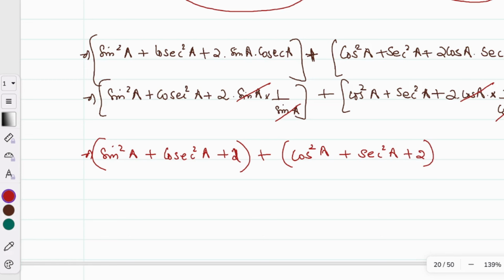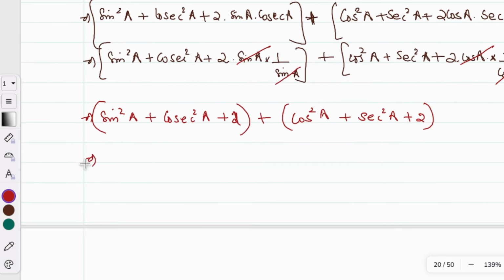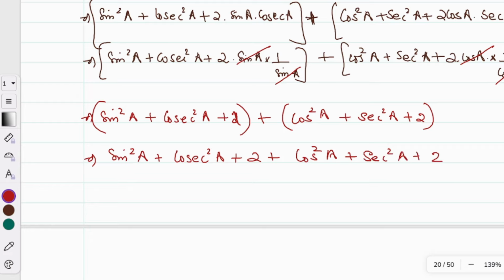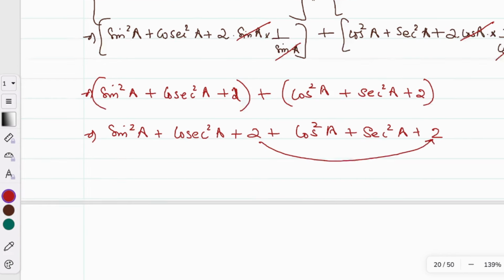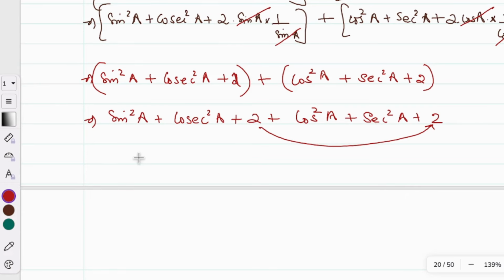Clear? Now, if I'm opening the bracket, what can I write? Sin square A plus cosec square A plus 2 plus cos square A plus sec square A plus 2. This 2 and 2 I can add together, I will get 4.